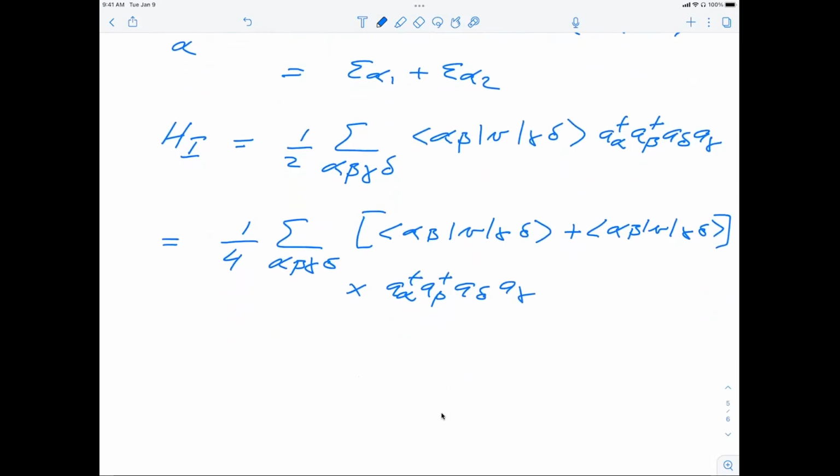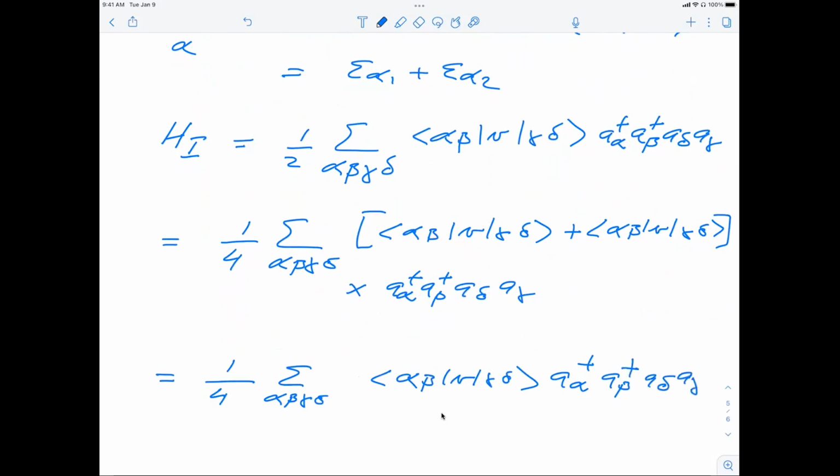Now, what I could do now is actually, when I look at the second term here, I can rewrite that one in terms of the following. So I can have 1 over 4, and then I have a sum over alpha, beta, gamma, delta, and then I have the matrix element <alpha beta|v|gamma delta>, and then I have my a alpha dagger, a beta dagger, a alpha, a gamma.